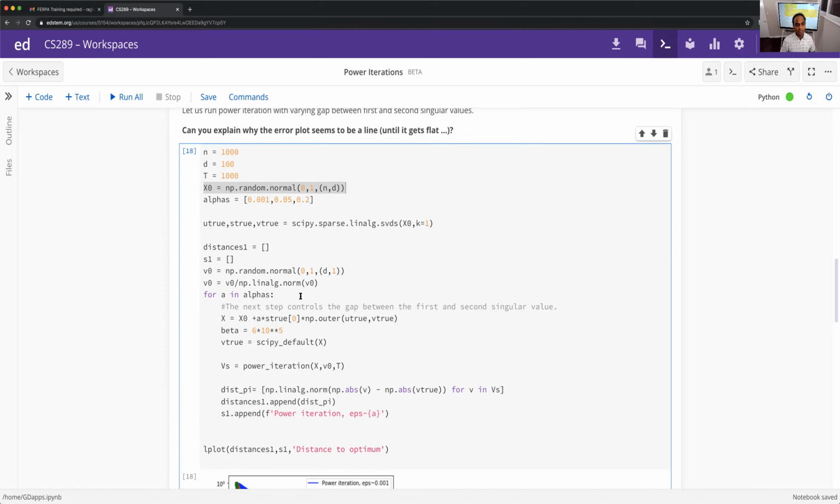So let me create an artificial gap between the top 2 singular values by bumping up the top singular value a little bit.